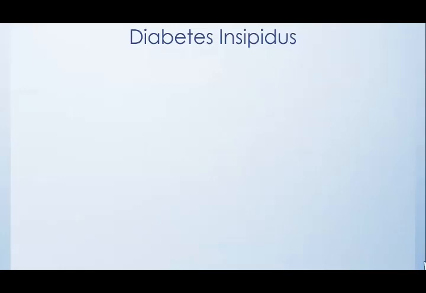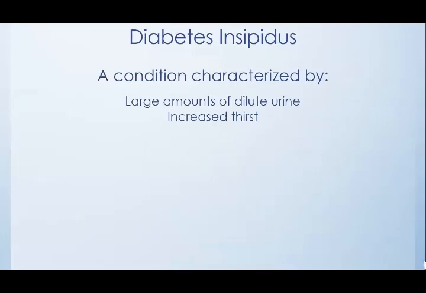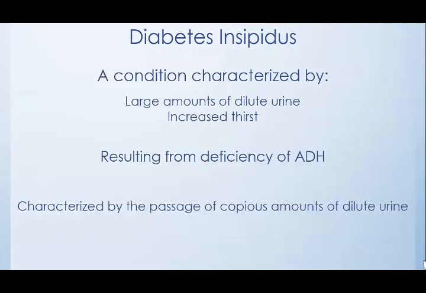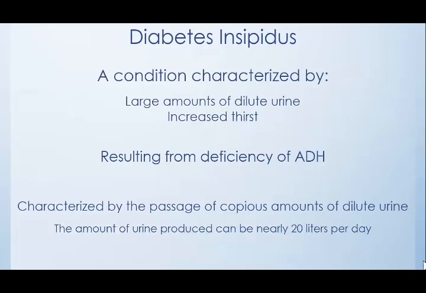Diabetes insipidus is a condition characterized by a large amount of dilute urine and increased thirst. It results from the deficiency of ADH, characterized by the passage of copious amounts of dilute urine. The amount of urine produced can be nearly 20 liters per day.